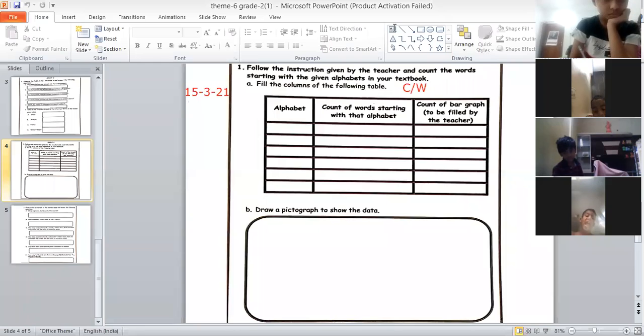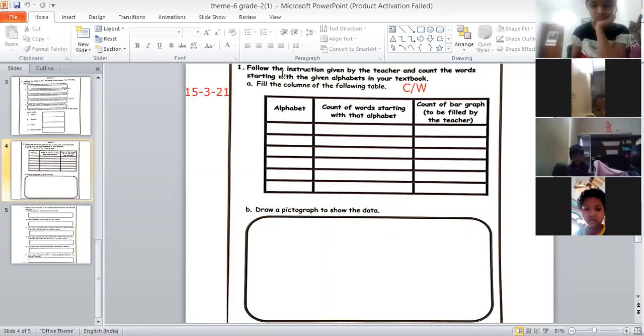Shreyas, please read this question. Follow the instructions given by the teacher and count the words starting with the given alphabets in your textbook.